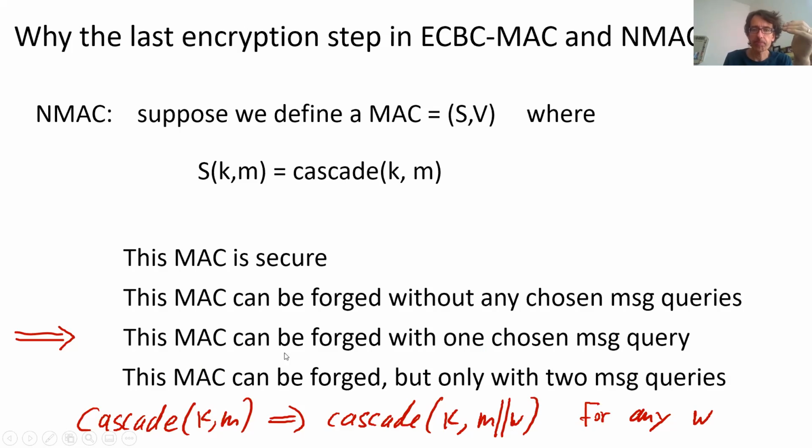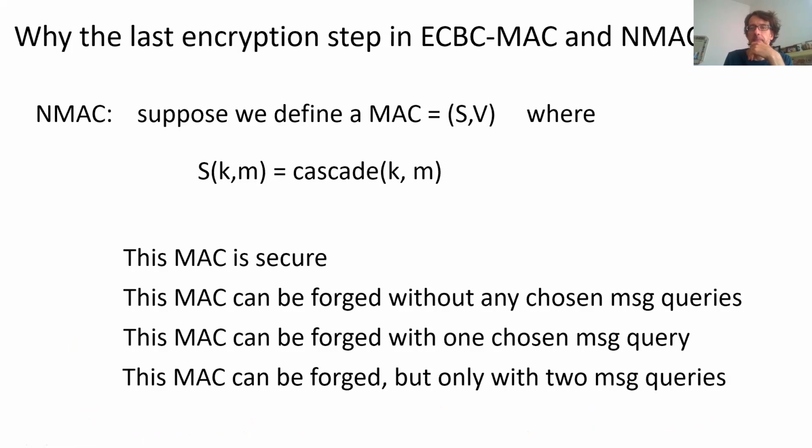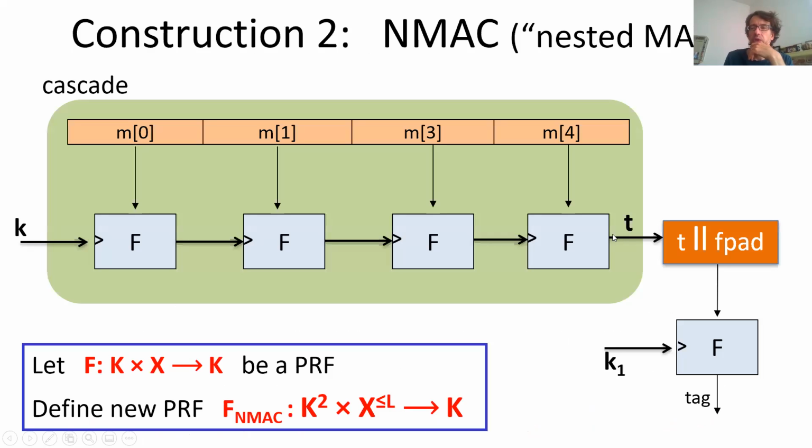Because the attacker says, please sign M, the challenger signs it. And then the attacker can forge MACs on M followed by anything. So the raw construction is insecure. However, raw construction limited to any particular number of rounds is secure.